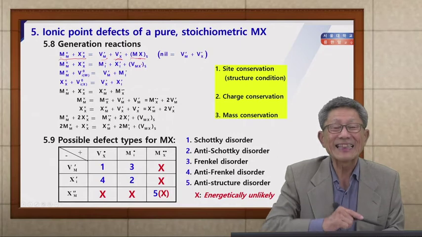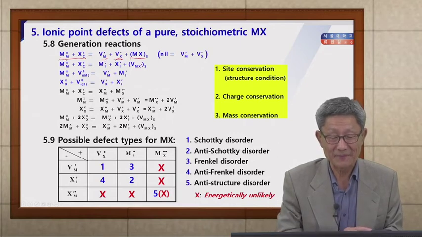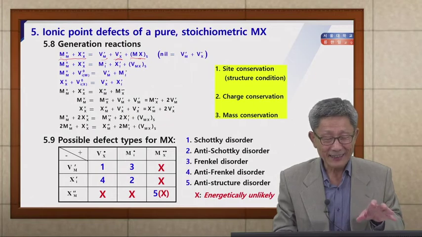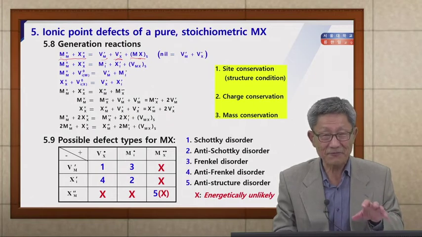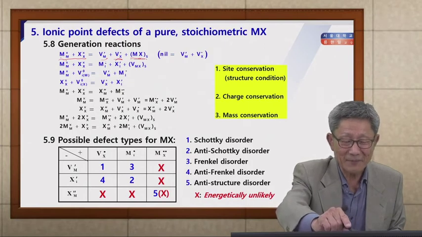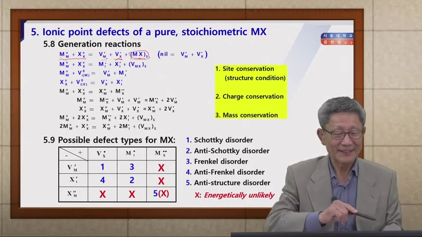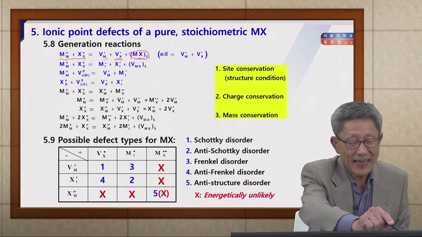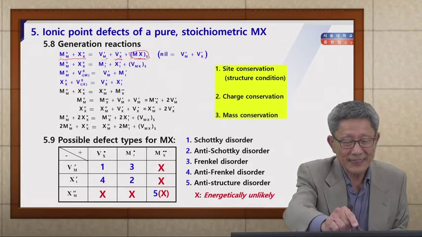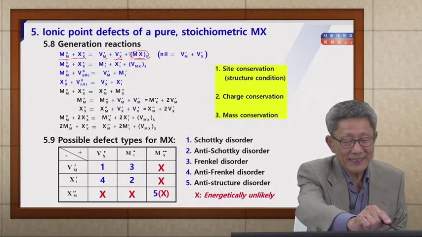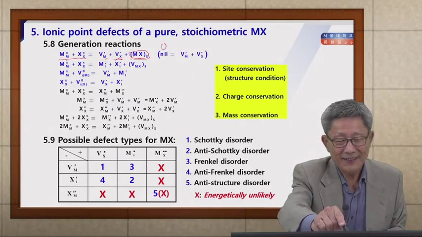You see, now on the surface, this M and X make another social molecule. We call it lattice molecule in defect chemistry. Lattice molecule can be somehow distinguished from the normal molecule. So we call it lattice molecule. Now, if you remove this M and X from both sides, because mass is conserved, then the left-hand side turns out to be 0.